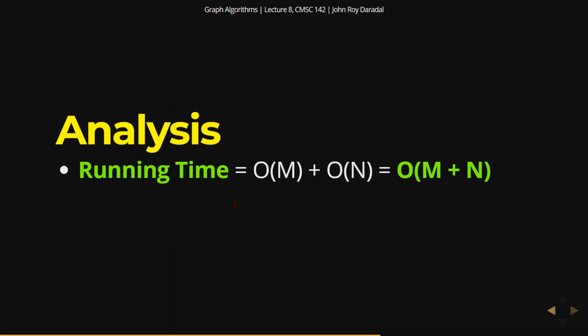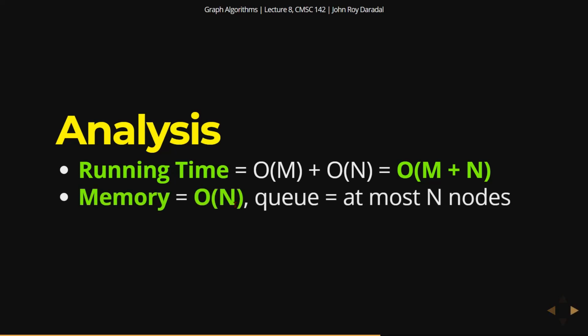The running time would be O of m plus n, because we'll visit each node once and each edge once. And for the memory, we will take O of n memory because we are using a queue for the BFS, and the queue could hold at most n nodes, right? So it would be O of n extra memory.